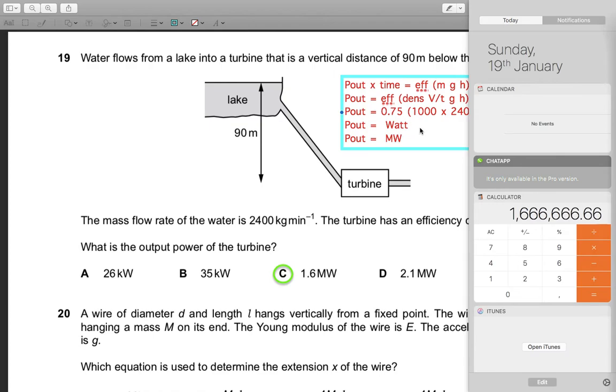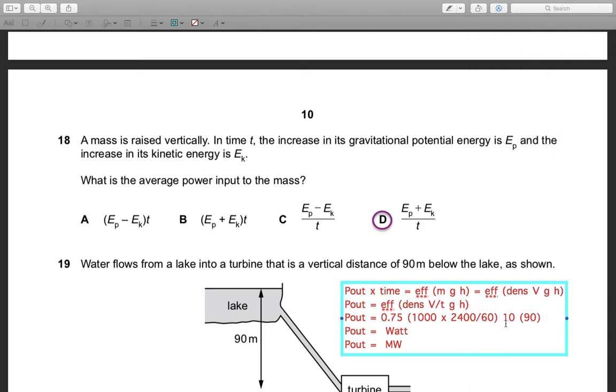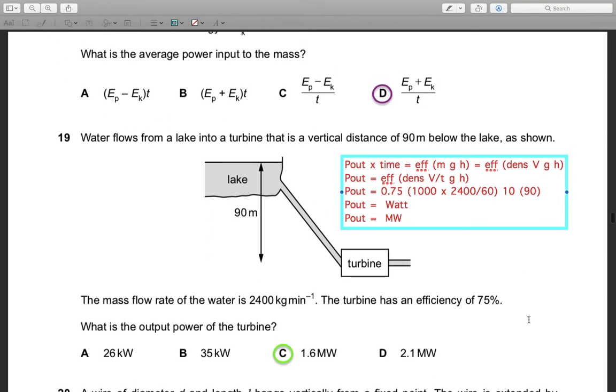So we calculate 0.75 times 40 times 90 times 9.81, and we get around 26 watts, or around 26 kilowatts.